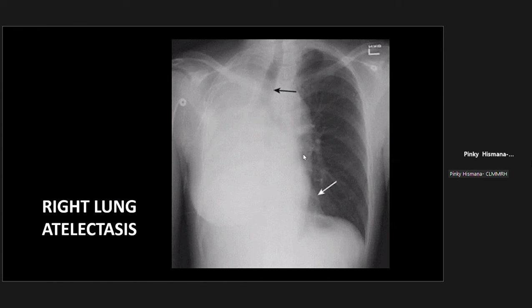There's also ipsilateral shifting of your mediastinal structures, such that the arrow is pointing to you that the left cardiac border is almost already at your left paraspinal portion, meaning your heart and the other mediastinal structures are shifted to the right already, adding to the opacity of the right lung. So what do you think caused the shifting of your trachea to the right?